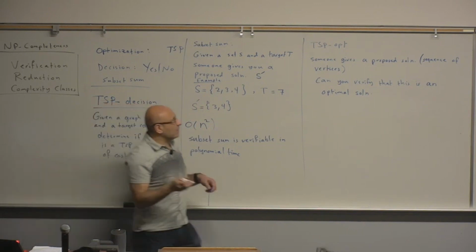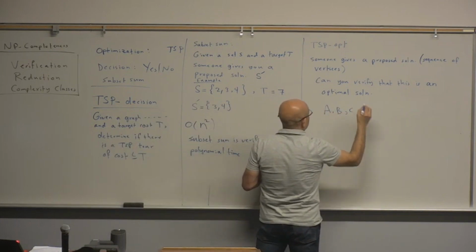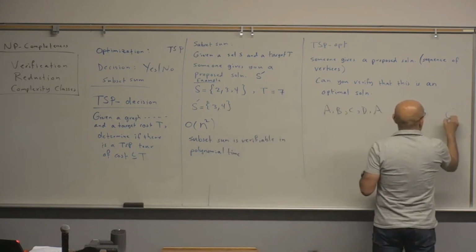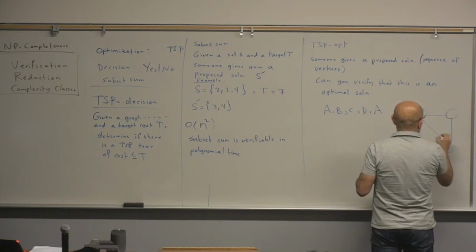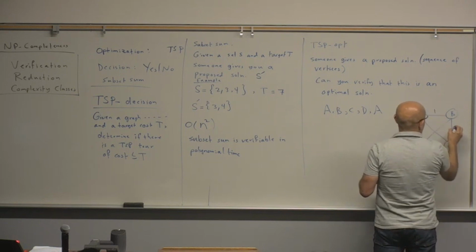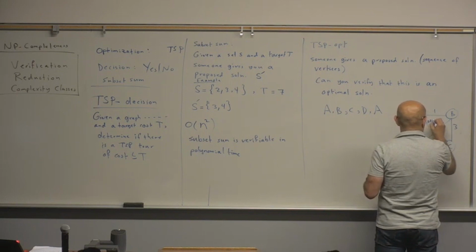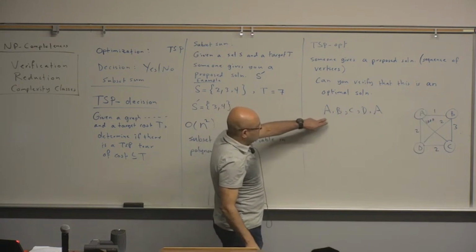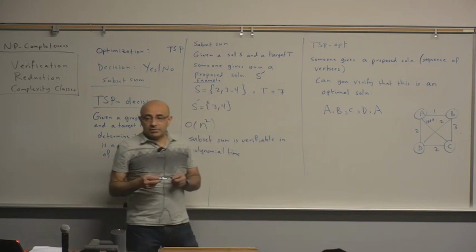So if someone tells you, okay, I have this solution for you, E, A, B, C, D, A. Suppose that this is our instance, the one that we did last time. If someone gives you this instance and this solution, can you verify that this solution is indeed optimal?